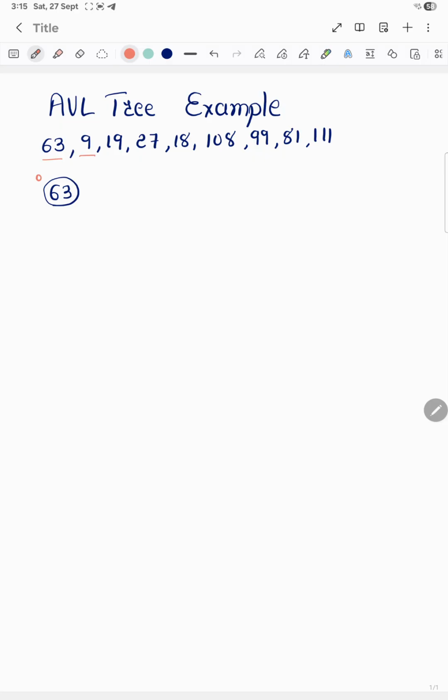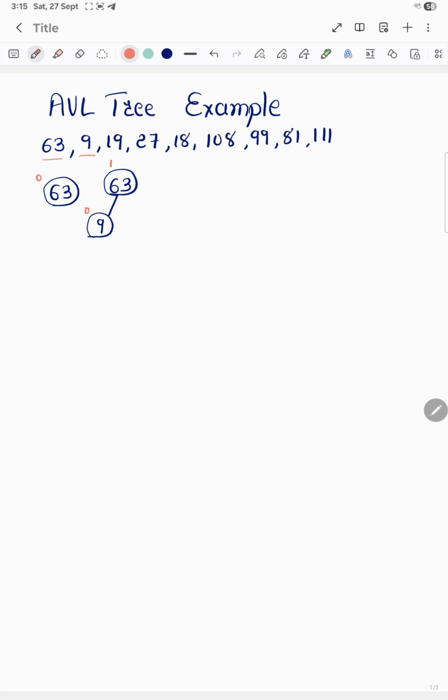You need to compare 9 with 63. 9 is lesser than 63, so it will become the left child of 63. Again I check the balance factor: 0 and 1 minus 0, that's a 1.